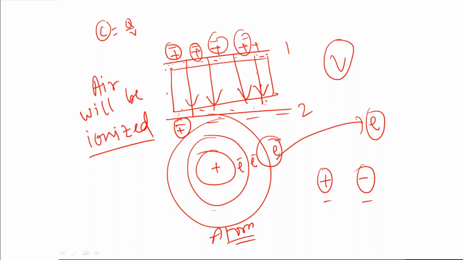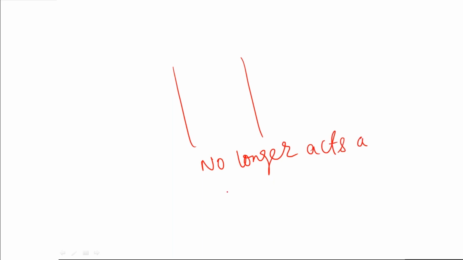In that case, when both the conductors become like this without any charge, this no longer acts as a capacitor, because in the definition of the capacitor we have learned that there should be two conductors having equal and opposite charges. If this is positive, this should be negative. And what more, there should be a dielectric material over here.